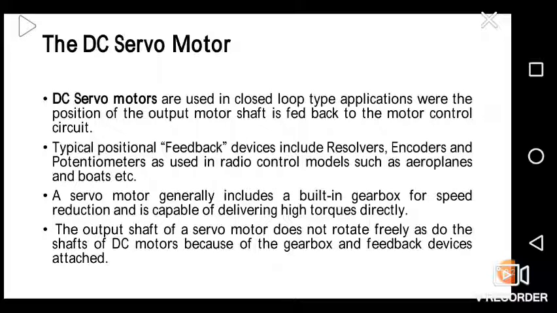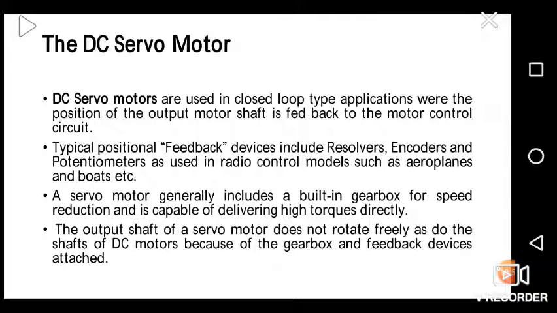The third type is the servo motor. DC servo motors are used in closed loop type applications where the position of the output motor shaft is fed back to the motor control circuit. Typical positional feedback devices include resolvers, encoders, and potentiometers as used in radio control models such as aeroplanes and boats.